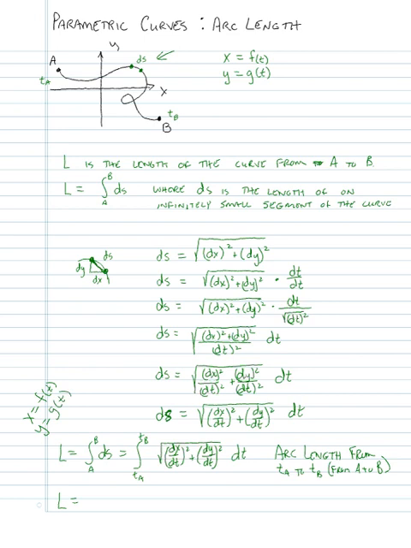That is, we could say L is equal to the integral from our beginning t value, t subscript a, to our ending t value, t subscript b, of the square root of, instead of saying derivative of x with respect to t, we could call that f prime of t. Of course, that's squared. And instead of saying derivative of y with respect to t, we could call that g prime of t. And of course, that's also squared.